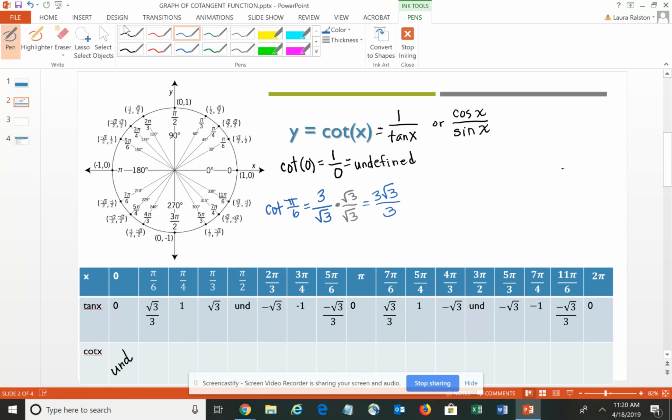Then I'm able to simplify that because I have a 3 in the numerator and a 3 in the denominator, so the value becomes square root of 3, which in a decimal is approximately 1.7.